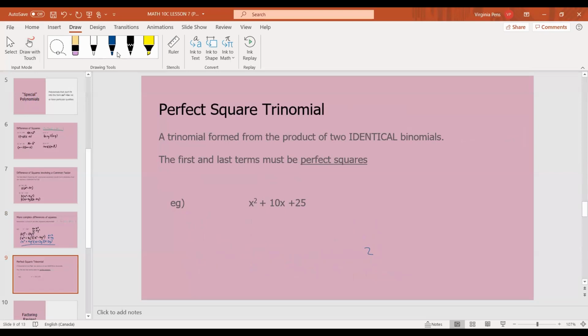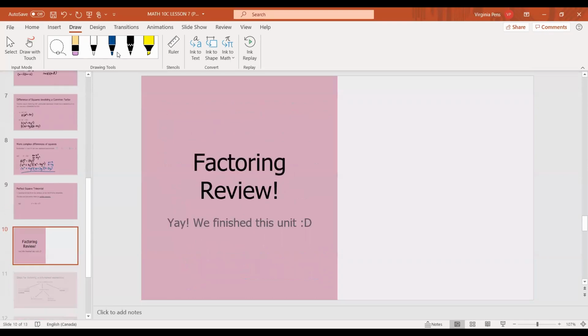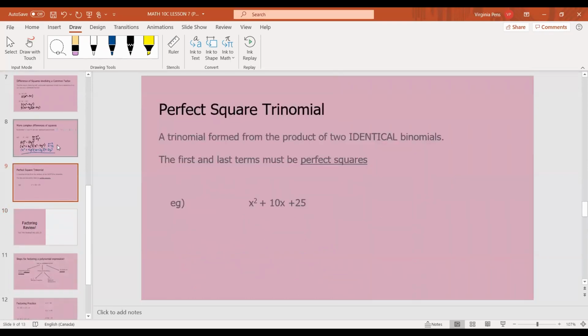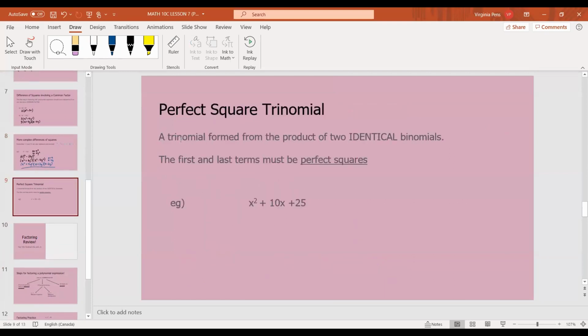Perfect square trinomials. The definition I found in my notes was a trinomial formed from the product of two identical binomials. So it's kind of like a difference of squares, because this is two identical binomials, but note how it says a trinomial, which means that once you expand it, it has to be a trinomial.